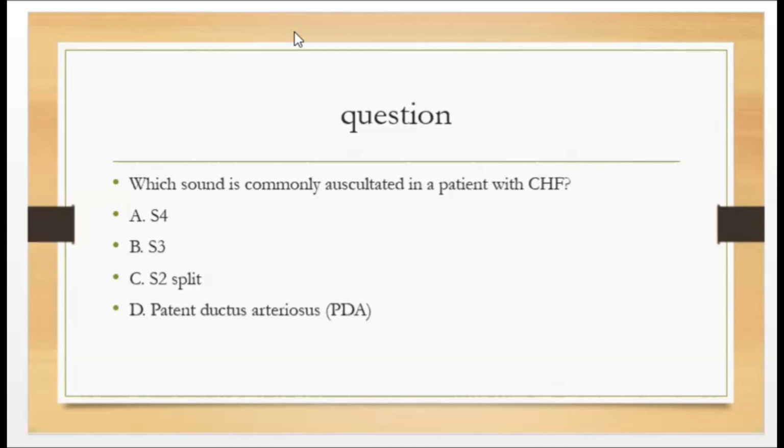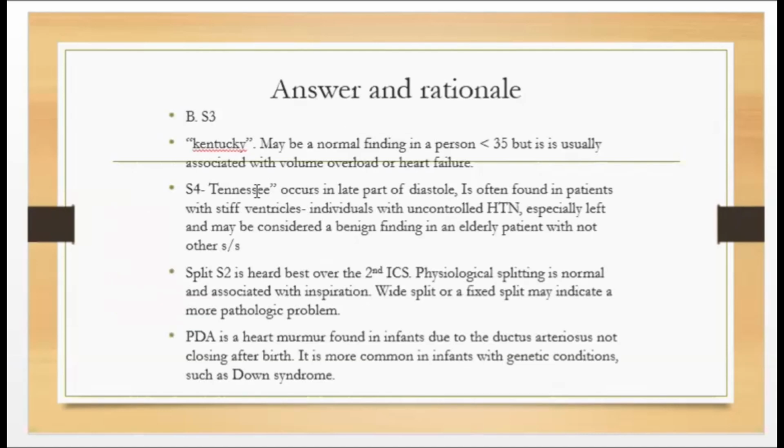So we know what is patent ductus arteriosus, heart defect. So that is it. Your S4 is Tennessee sound. S2 is your pulmonic, physiological splitting, and we say that it's normal in an athlete. When a woman brings in an athletic child and you hear this sound, educate the mother that it is normal.